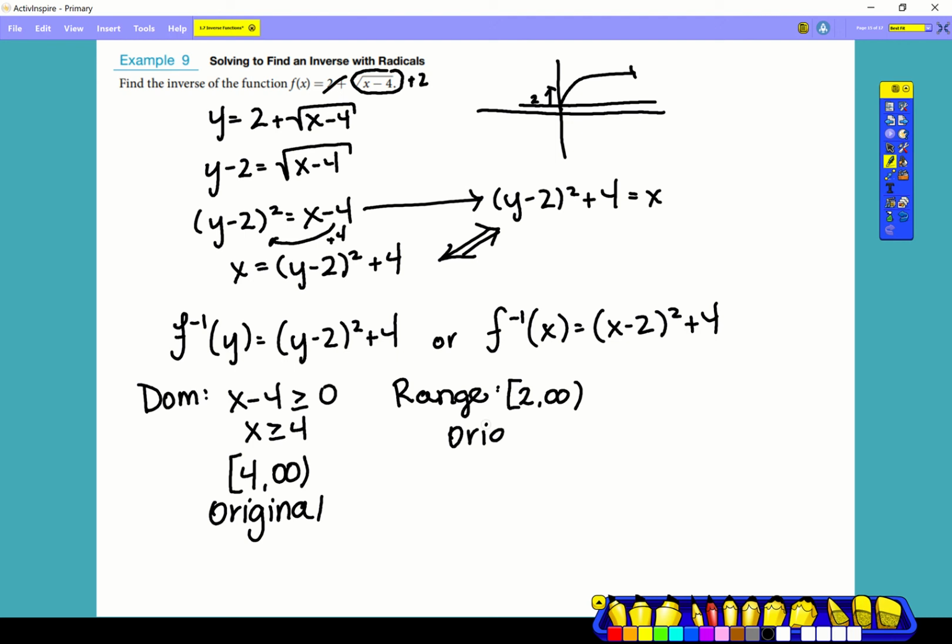And this is our original. Now, for our inverse, our domain is now the range, and the range is now the domain. So let me see. 2 to infinity.